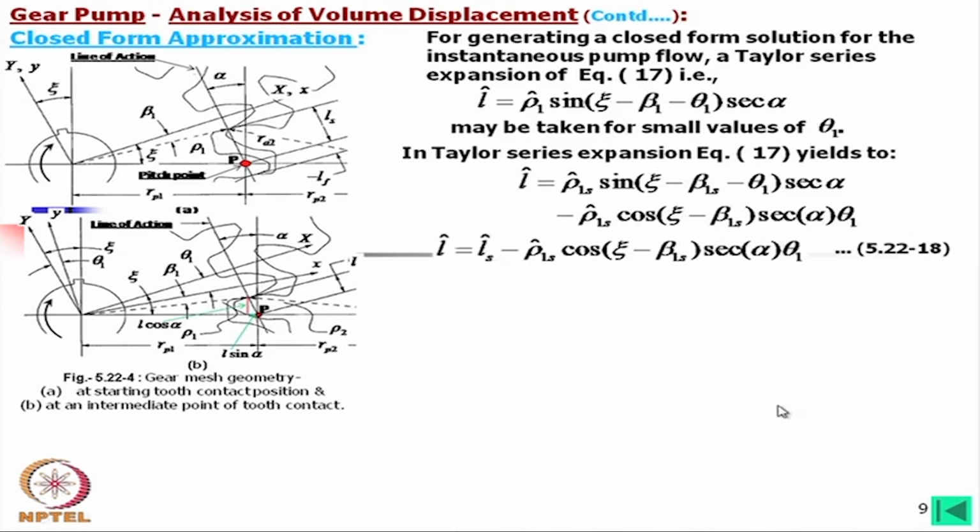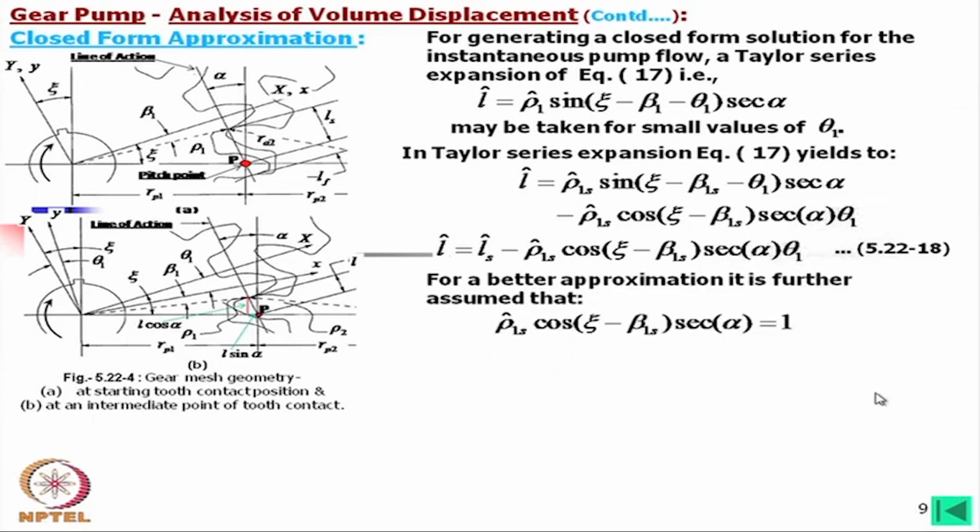Now, L is expressed as L s minus rho 1 s cos alpha beta 1 s. If you look into this L, then L s minus, when it is just moved, we can calculate this part, and L is expressed in this form.